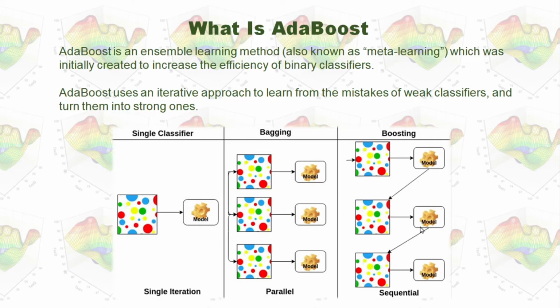That is, model 2 will learn from the mistakes of model 1, and the results from model 2 will feed to build model 3, so on and so forth. So in this method, all the models will work in a sequence. It's sequential.